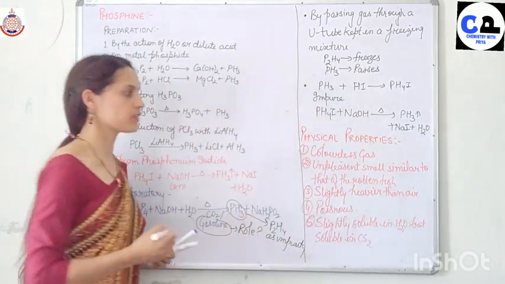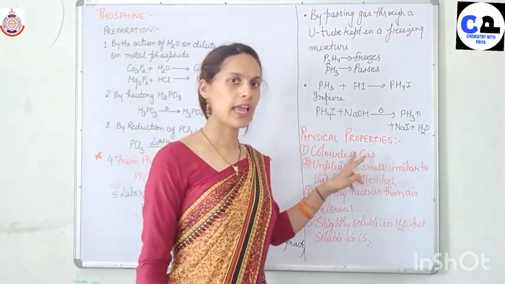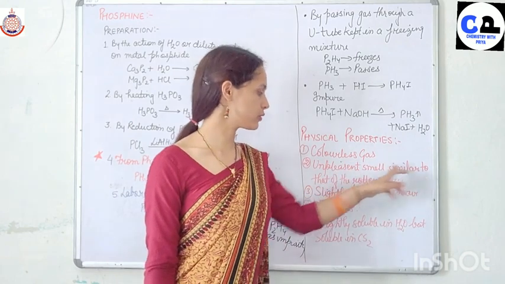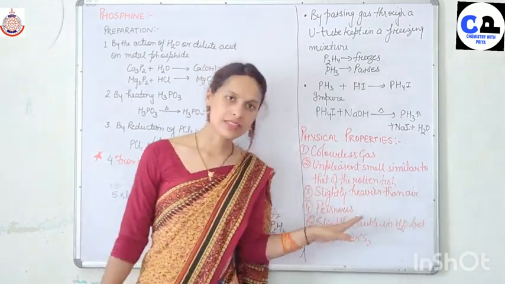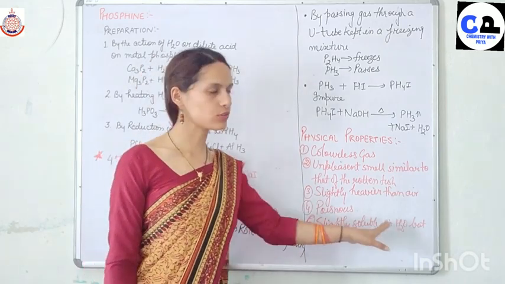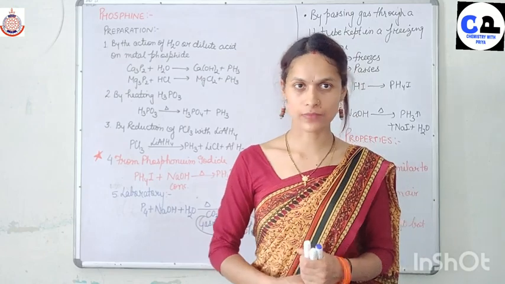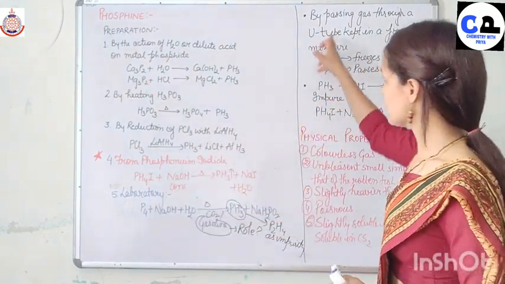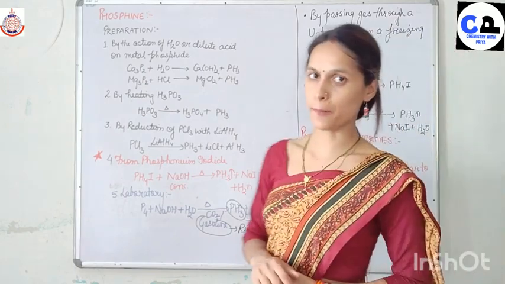So these are the physical properties of phosphine: colorless gas, unpleasant smell similar to that of rotten fish, slightly heavier than air, poisonous, and slightly soluble in water but highly soluble in carbon disulfide. So these are the 5 methods through which we can prepare phosphine, and these are the 5 physical properties.